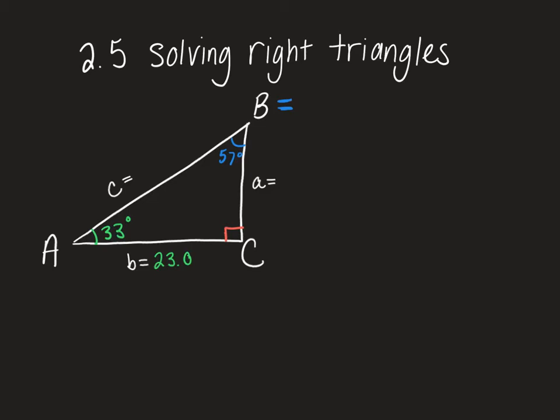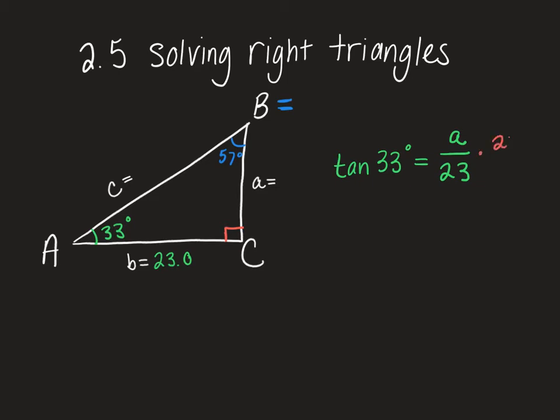So to set up that equation, we have tangent of 33 is equal to A over 23. We can plug tangent of 33 into the calculator to get a value for that, but we need to solve our equation for A.